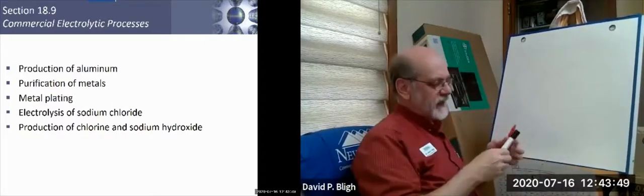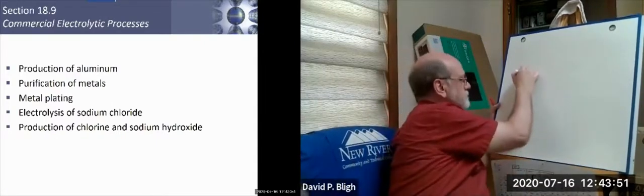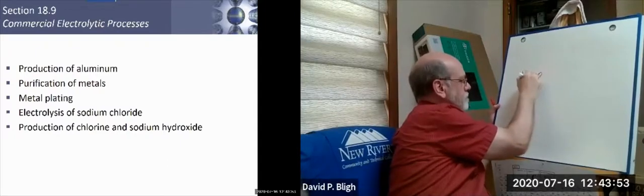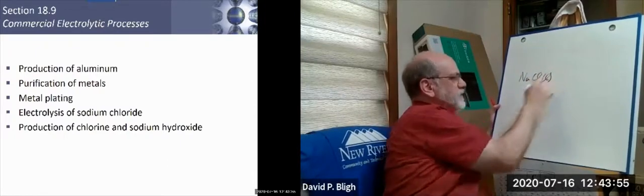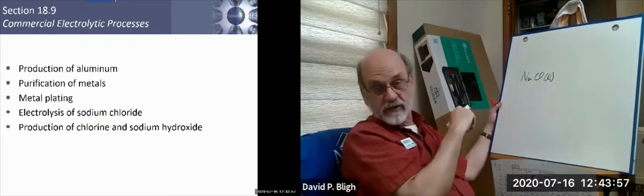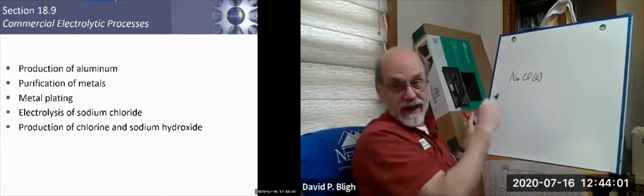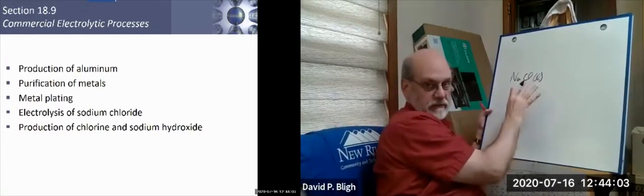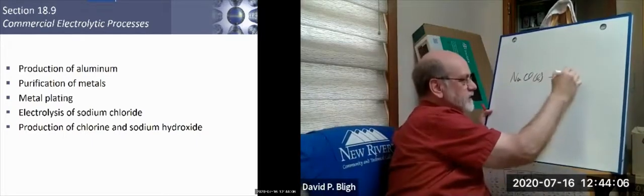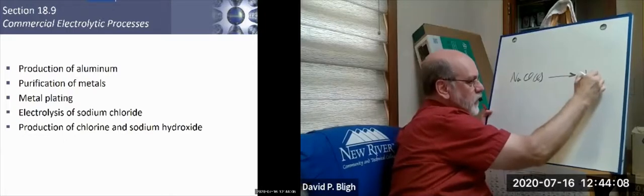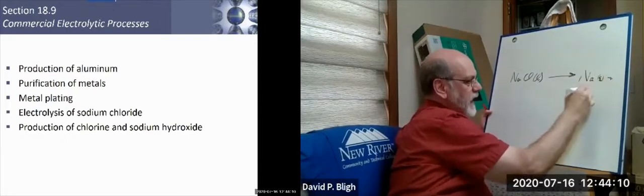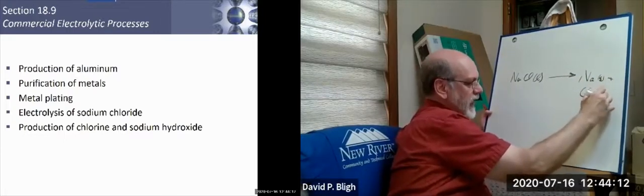You have to melt it, right? Remember, sodium chloride in crystal structure, you can't gain access to all the atoms. So you need to melt it. Then you electrolyze it, and you can produce sodium metal and chlorine gas.